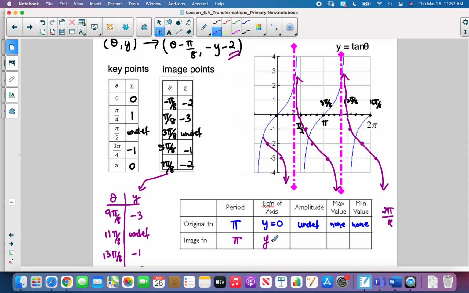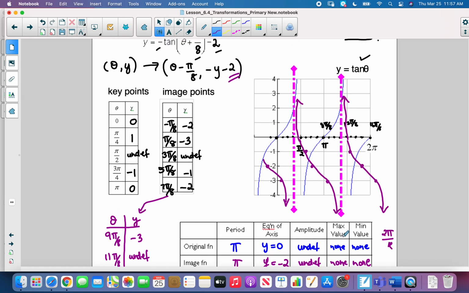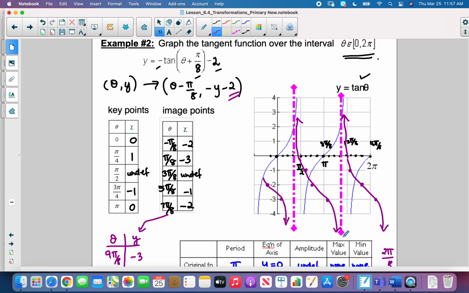So it is y equals negative 2. There is no amplitude. There is no maximum. There is no minimum. So those are our values for our function compared to the tan function.